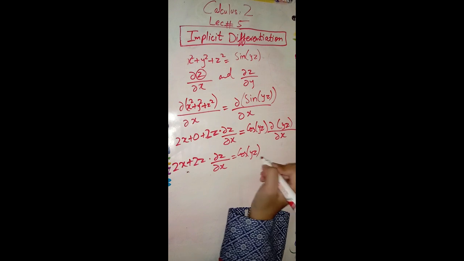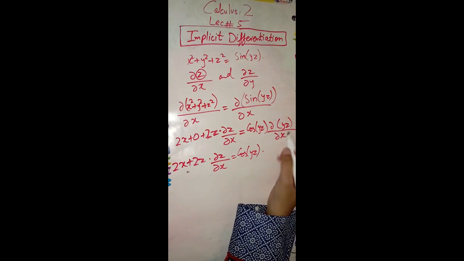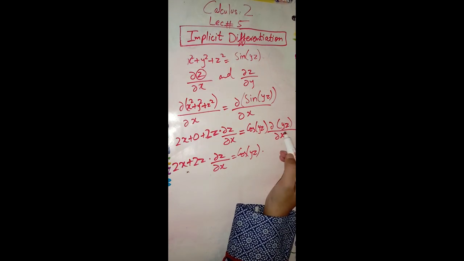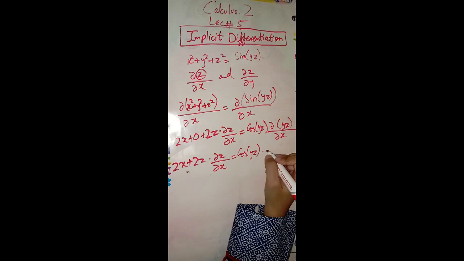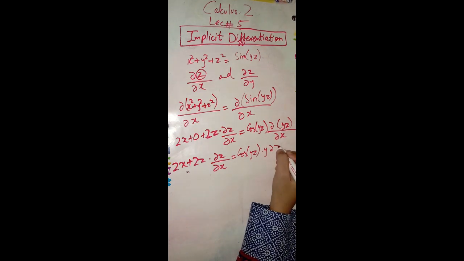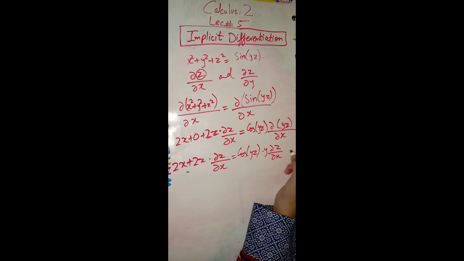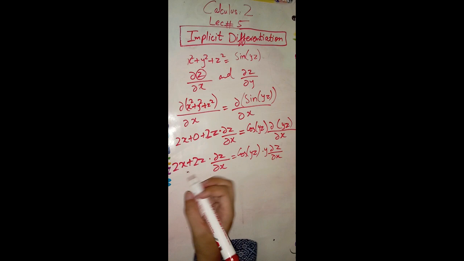Cos yz times, we are taking y as a constant, so y will be outside of the partial. It will be partial of z by partial of x. Now you can see this is the value on the right hand side as we have on the left hand side.